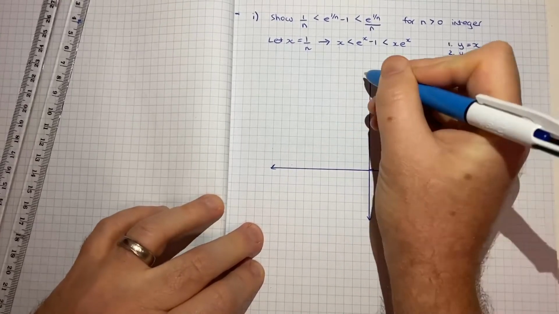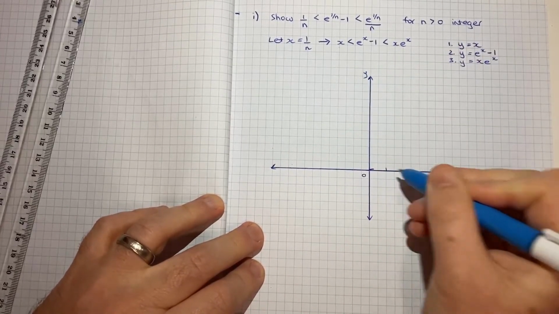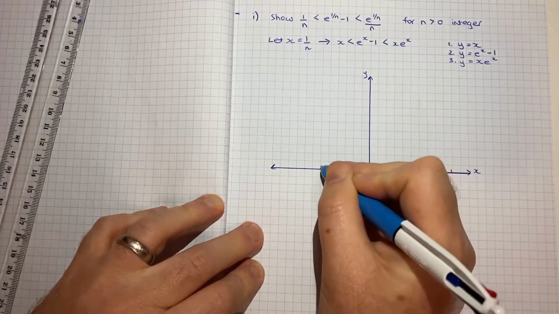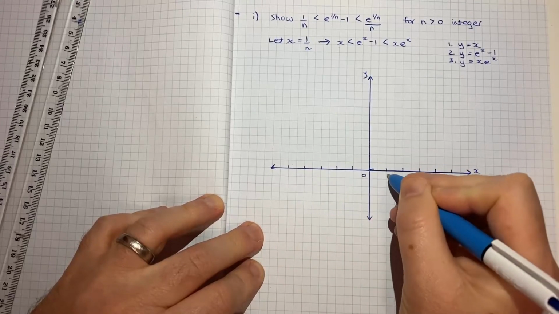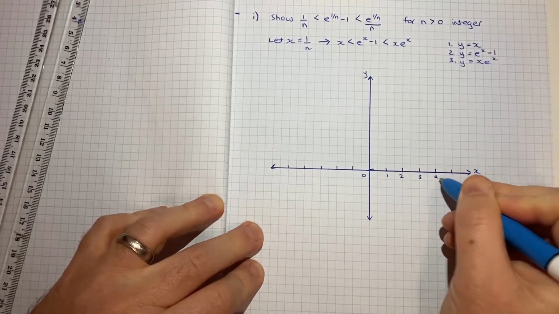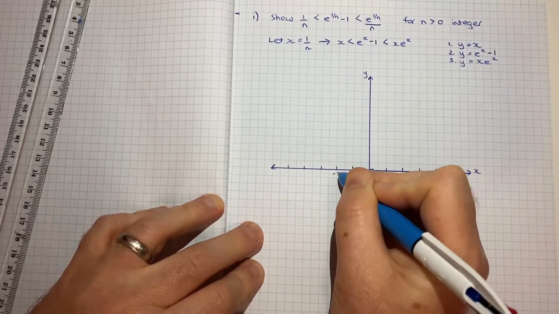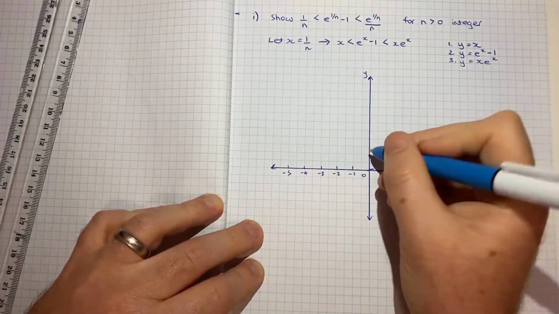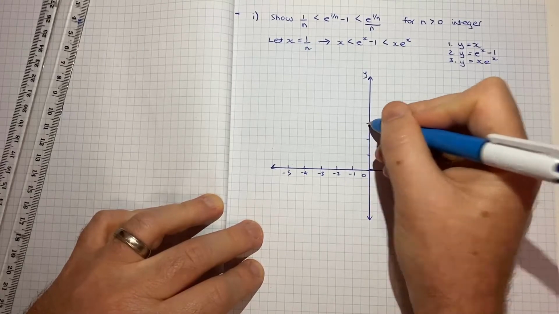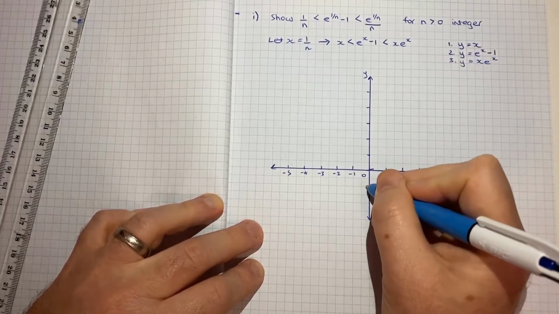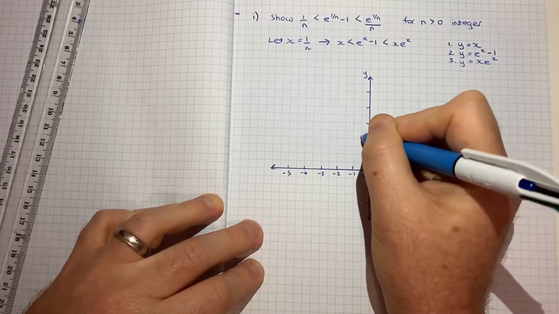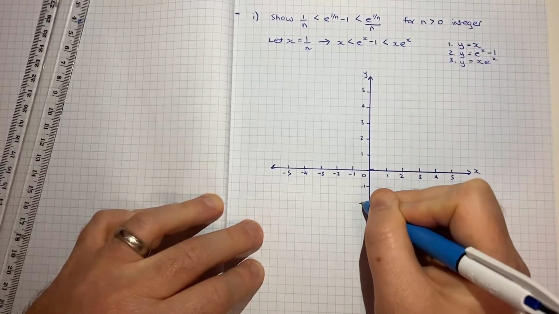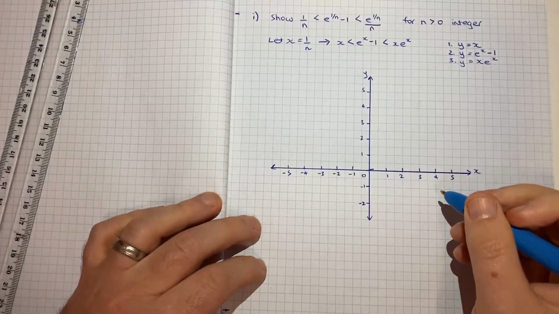We'll have our x and y and 0. Go up to 5. So 1, 2, 3, 4, 5. Negative 1, negative 2, negative 3, negative 4, negative 5. 1, 2, 3, 4, 5. Negative 1, negative 2. Alright, so there's our axis.